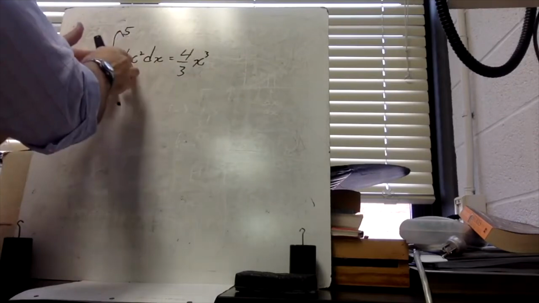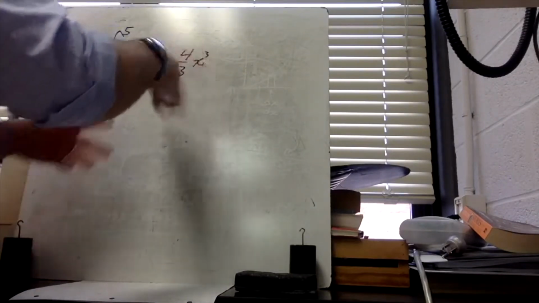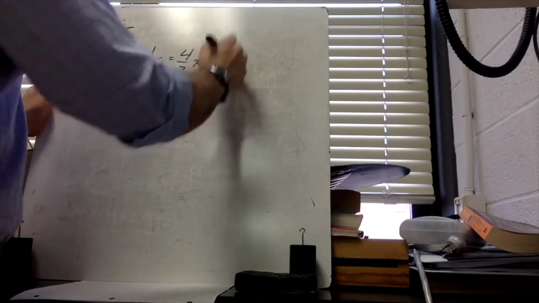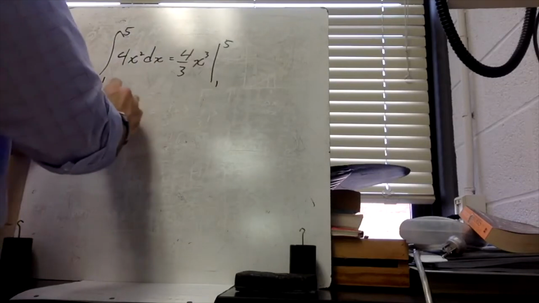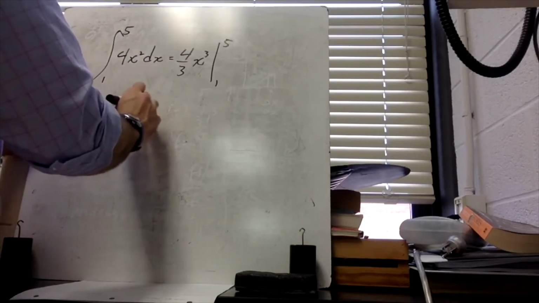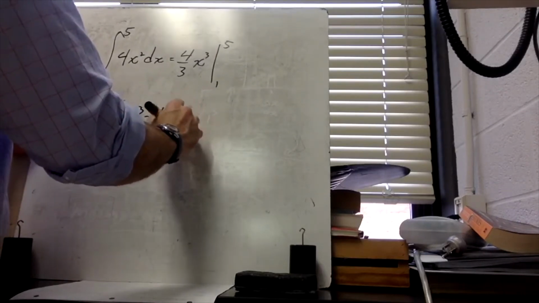If you're getting confused going from here to here, just think, what is the antiderivative? The derivative of what would give me this? And I'm going from 1 to 5. So this now is 4/3 times 5 cubed minus 4/3 times 1 cubed.